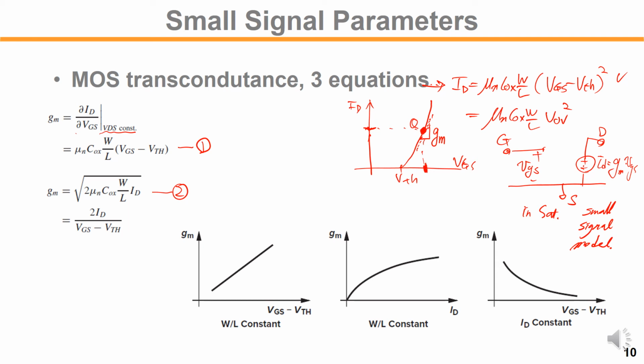How do we get it? We replace the VGS. We know that VGS minus VTH is equal to the square root of ID over mu n cox W over L, right? Plug this relationship into the first one, that will give us the second, right?